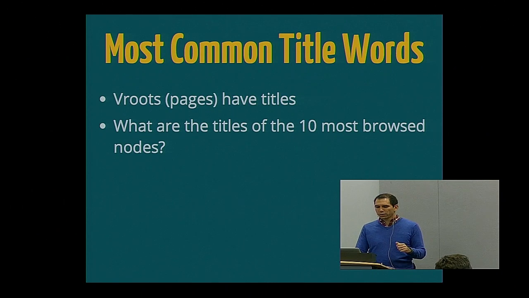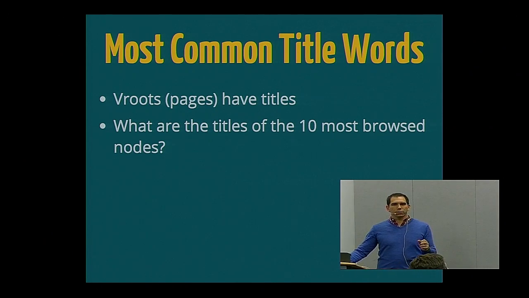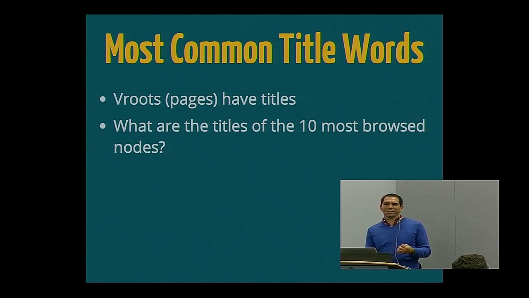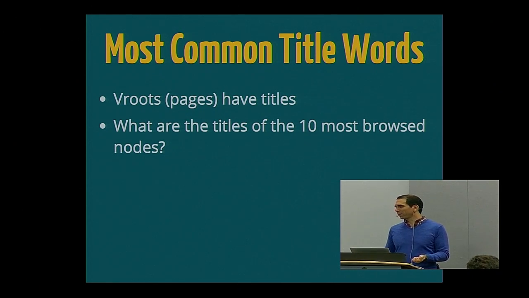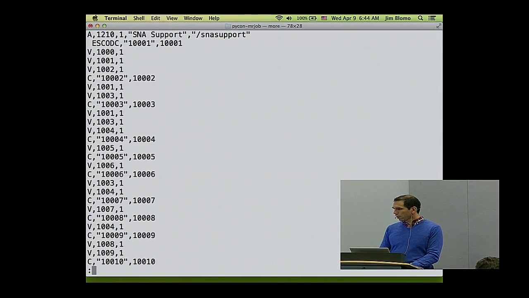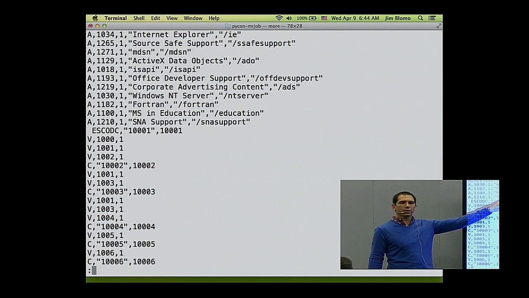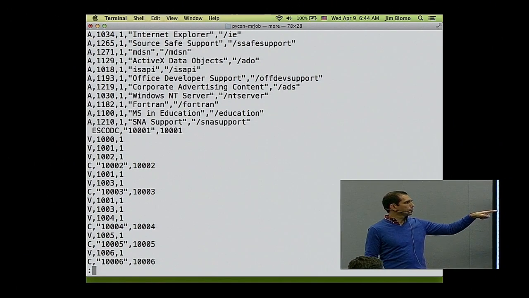Good questions. So now, instead of just getting these vroot IDs, we want to get the titles for these pages. The vroot IDs, unless you memorize a lot, are not very helpful. So we'd actually like to get the 10 most browsed vroots with their titles. As you remember, we have these attributes for the vroot and the title on a different line than the vroot IDs and the visits.